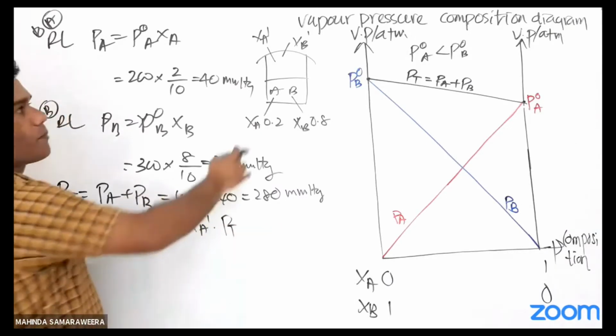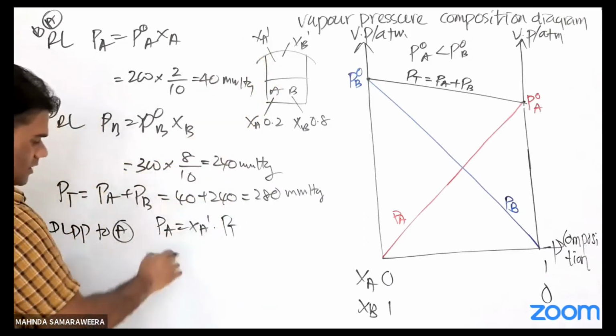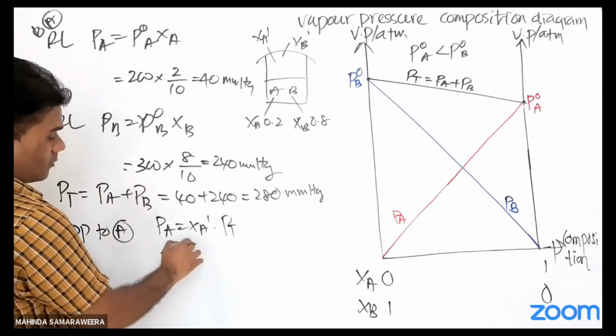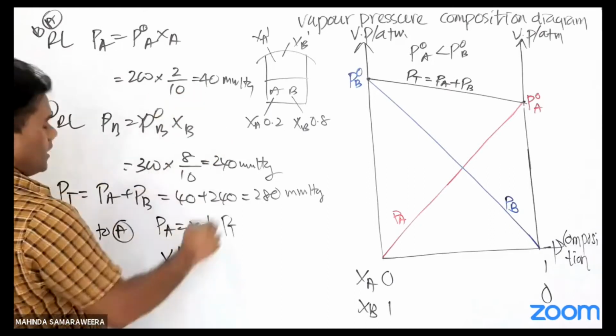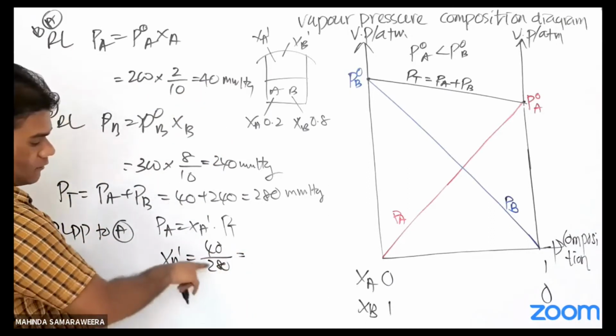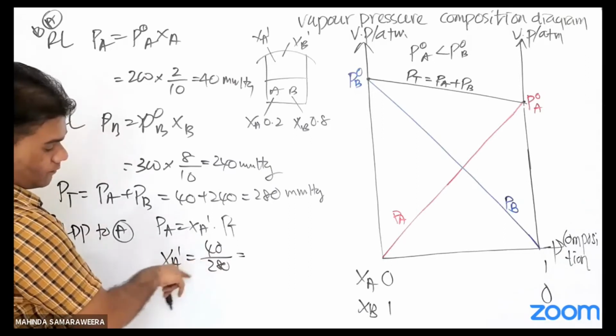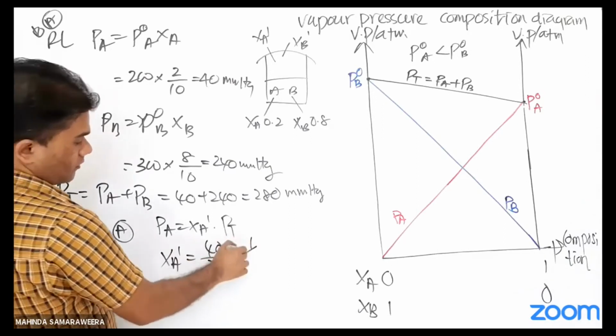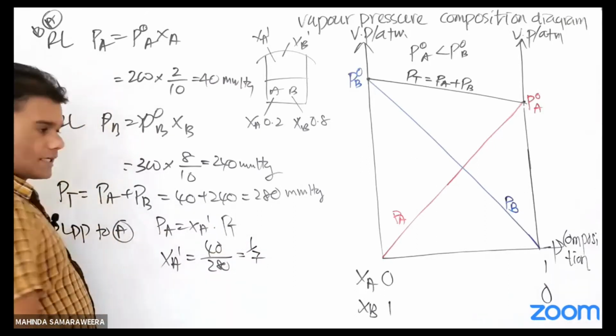Everything here is for the vapor phase. Then X dash A equals PA divided by PT, that is 40 divided by 280, which is 1 over 7. X dash A is 1 over 7.